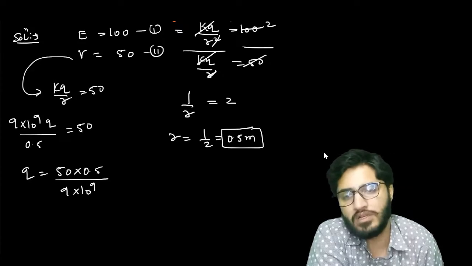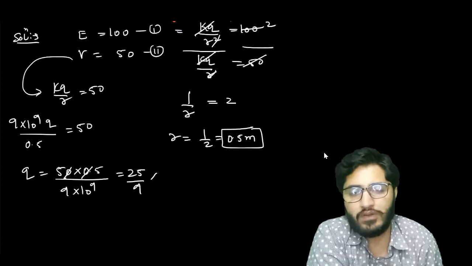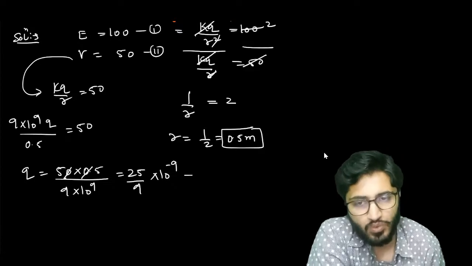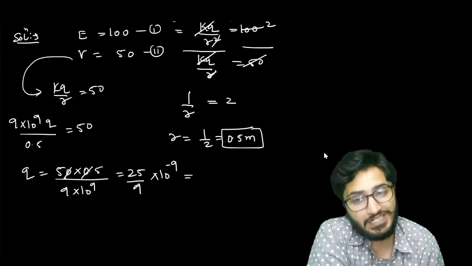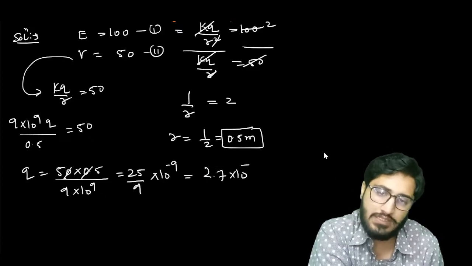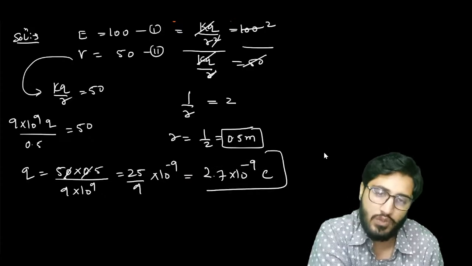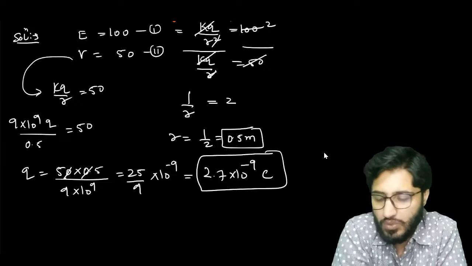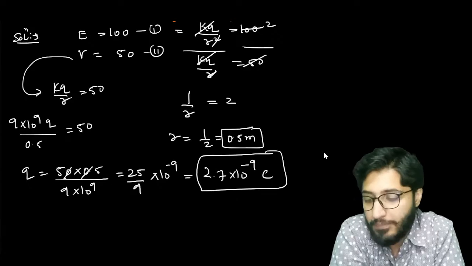Just cancel out 0.5 times 50, 25. It is 25 by 9, 10 to the power minus 9. So 9 on the 9, 2.7 something, 10 to the power minus 9 coulomb. This is my answer. This is what you have to learn. This is how you need to manipulate your answers.